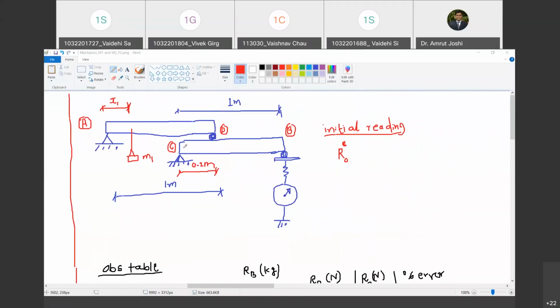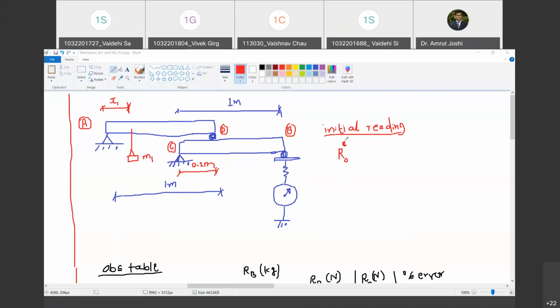Not only that, just look here, this beam is also of 1 meter length. So if this upper beam were not there, then only corresponding to this beam you would have got R0. Do you agree with me? Yes, sir. But as this beam is also resting at point D, so at D you have additional load. So corresponding to that additional load, this initial reading will be greater.